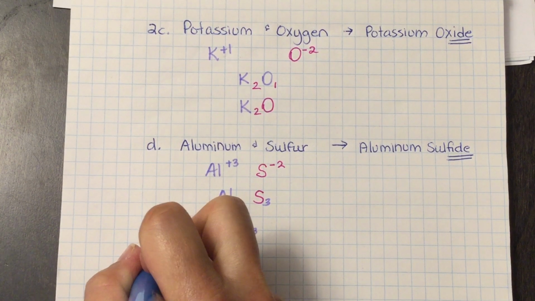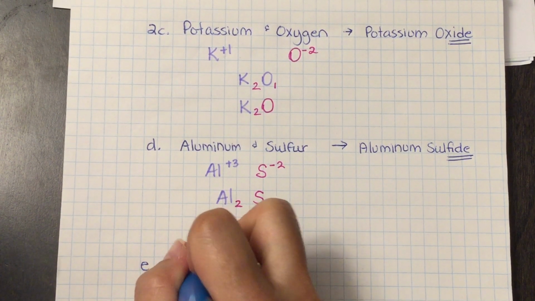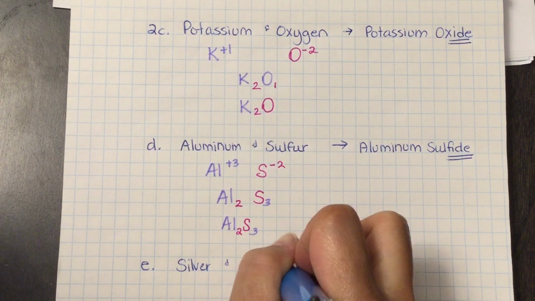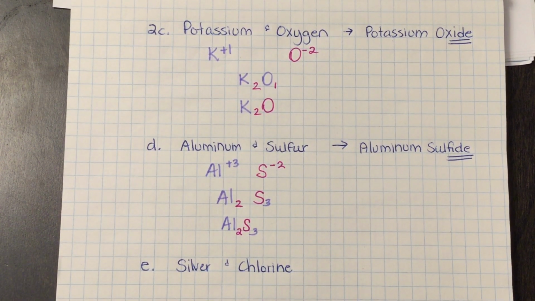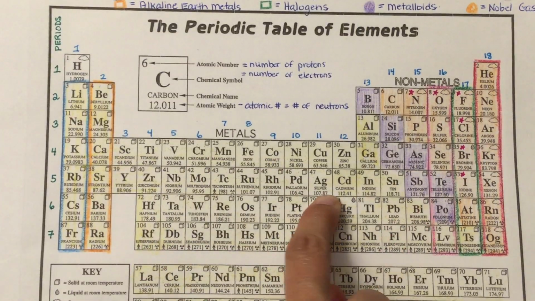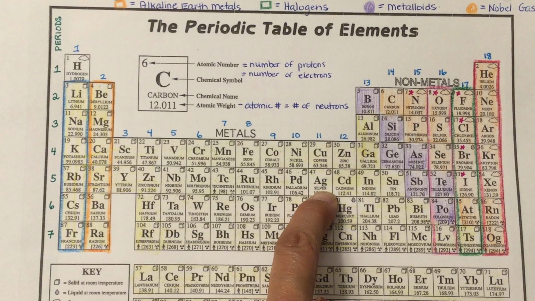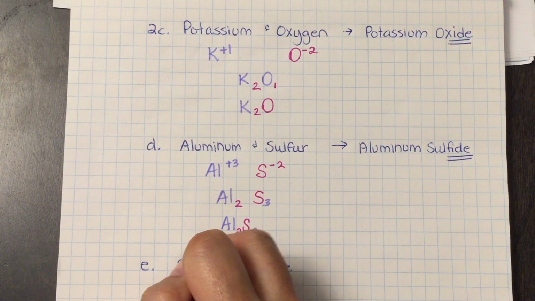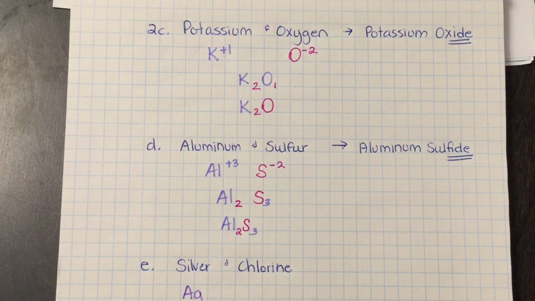2E, we have silver and chlorine. Okay, now silver is a bit special. Okay, silver on the periodic table here is there, Ag. Okay, number 47. So the symbol is Ag, but how do we know what the charge is?